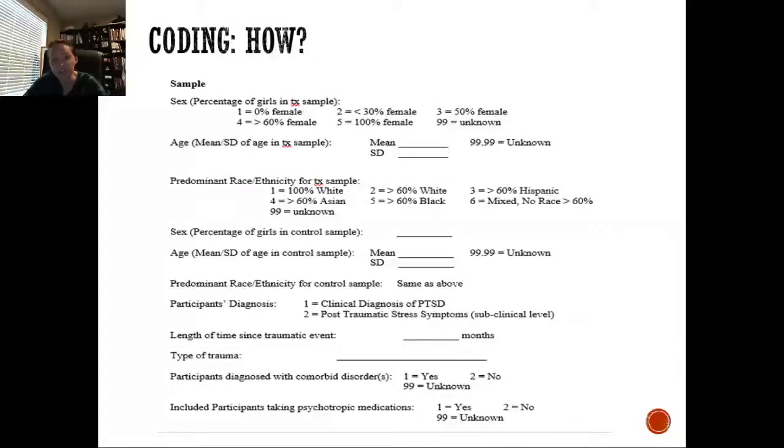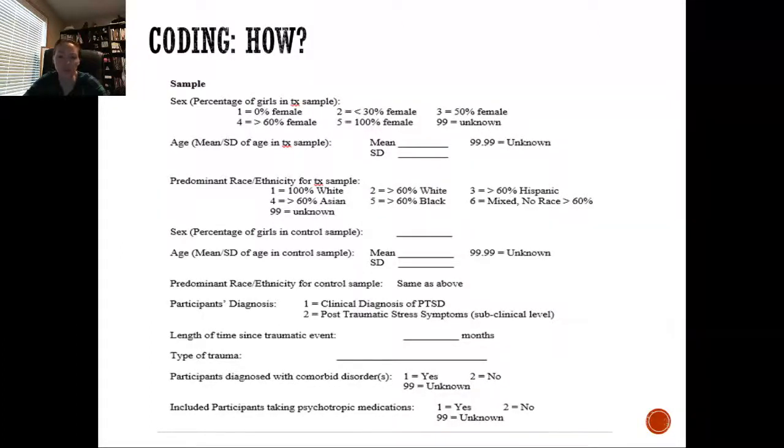For sex, you can actually write in the exact percentage or N number of the males or females. It doesn't matter, whichever might be more common in your articles would be the best way to go.